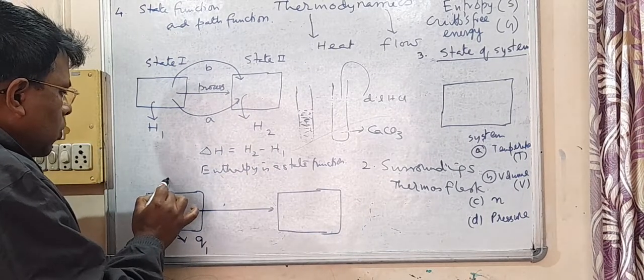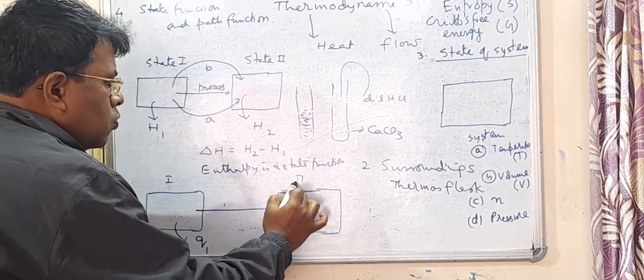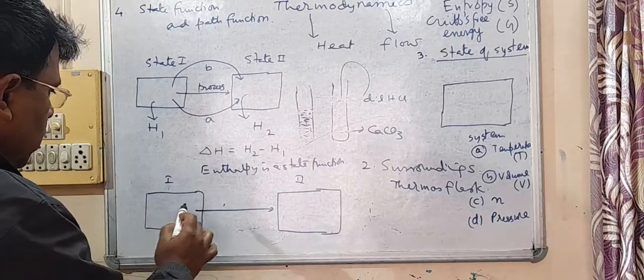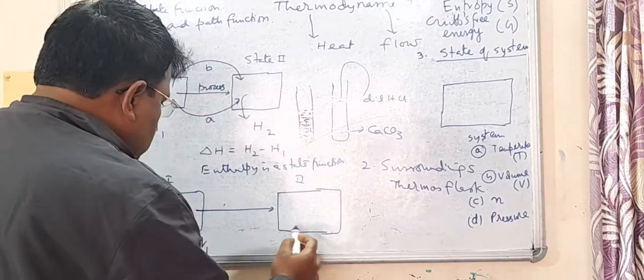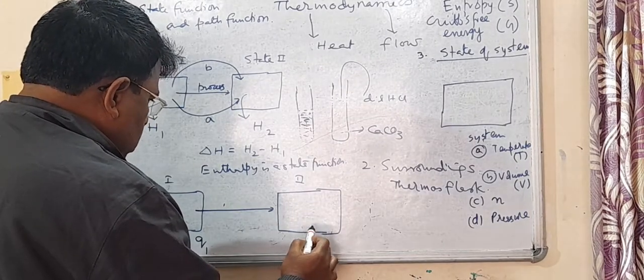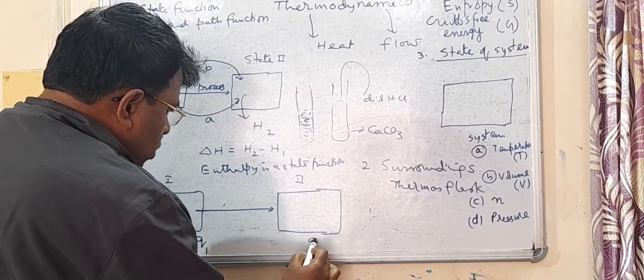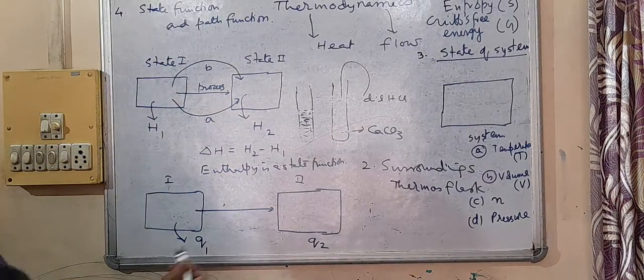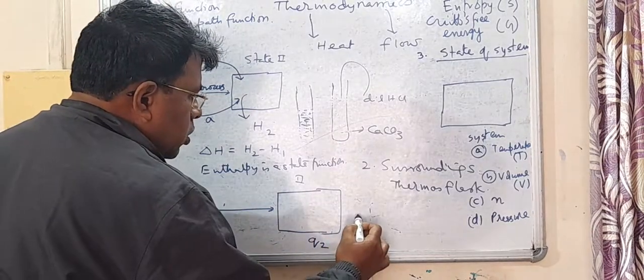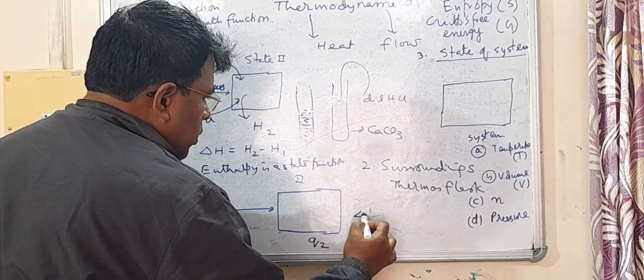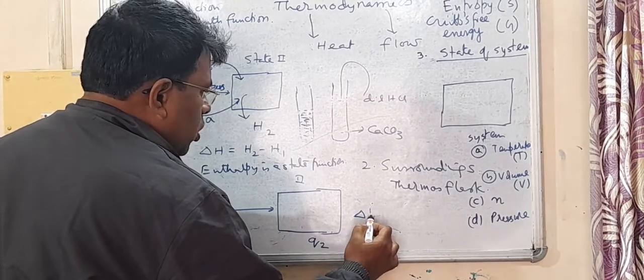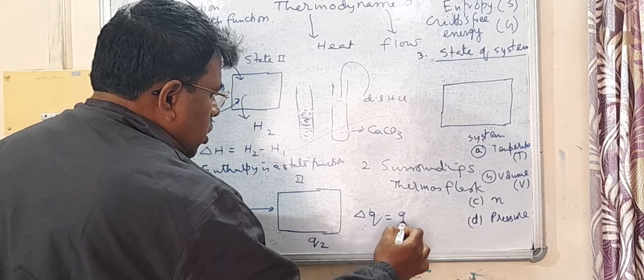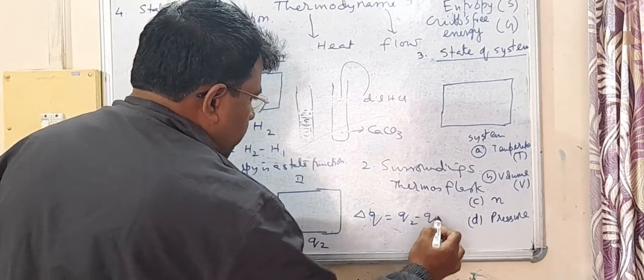This is state 1, this is state 2, and suppose the heat now is Q2. Now the heat change is delta Q, which is Q2 minus Q1.